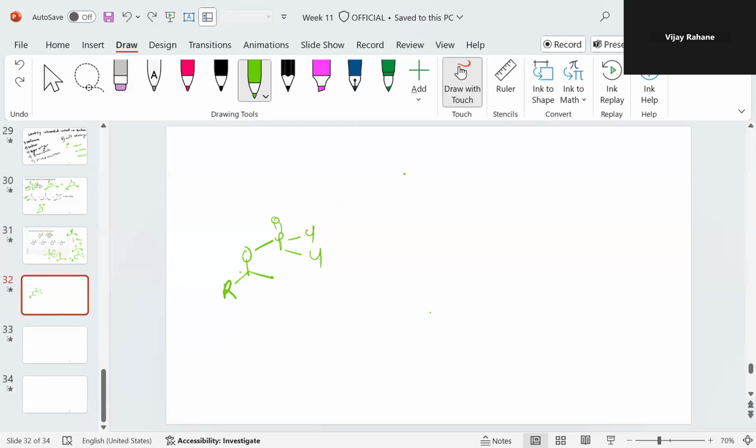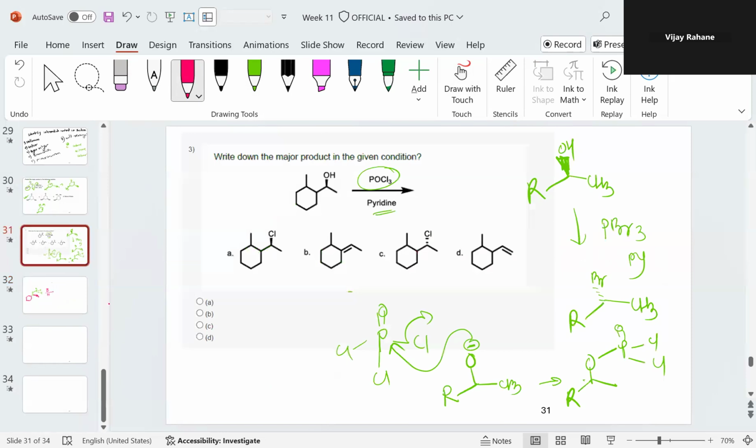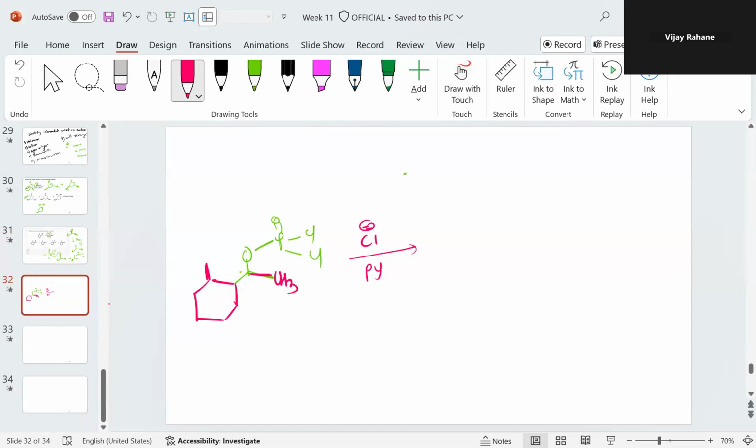We have the Cl negative in the reaction, and the pyridine is in the reaction, right? So there are two possibilities. So this is the CH3. This R group, I will directly draw the entire structure now. This was the R group, right? So which has this group.